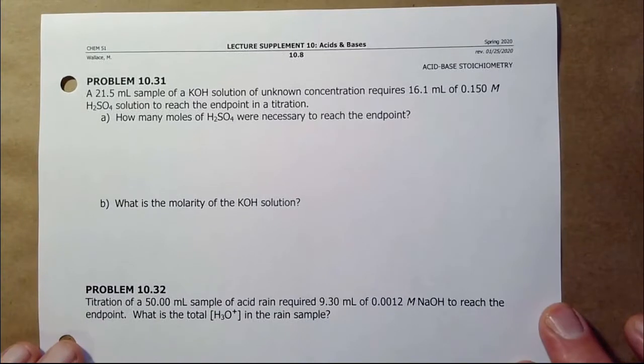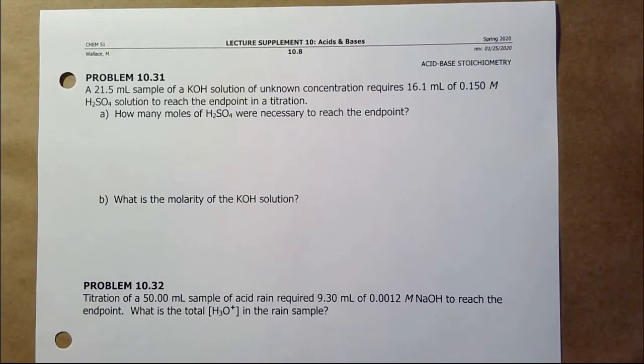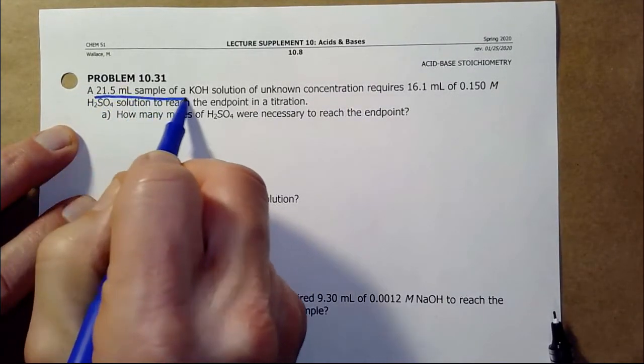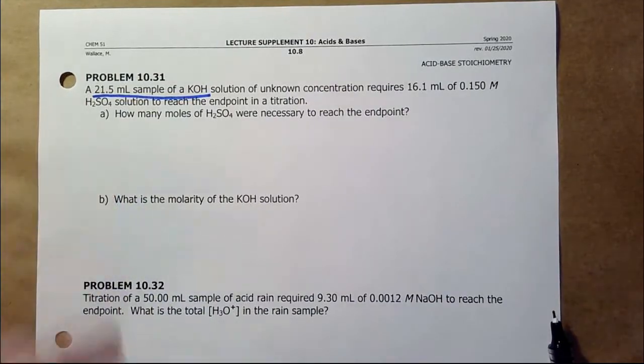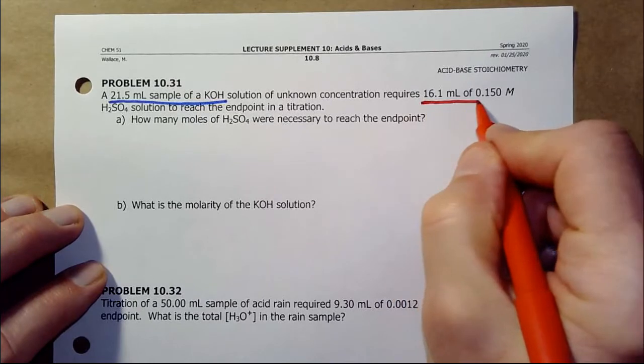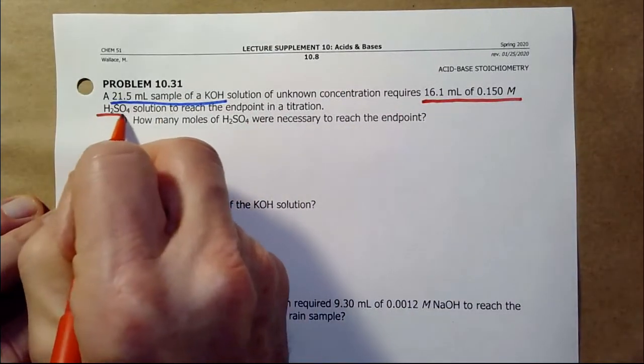Now 10.31 walks us through this, breaks the steps down a little bit finer, I think. So I've got 21.5 milliliters of base, 16.1 milliliters of 0.150 molarity H2SO4 solution.